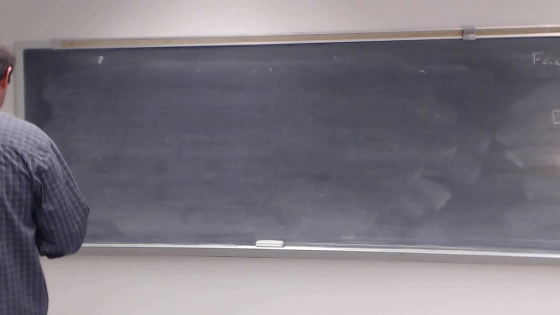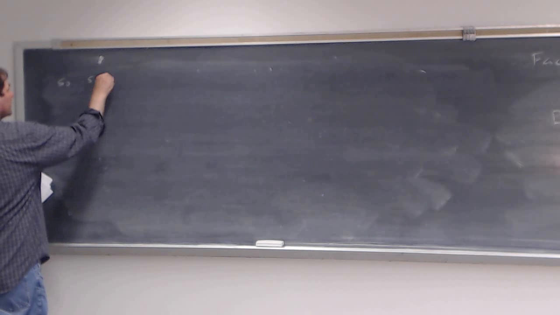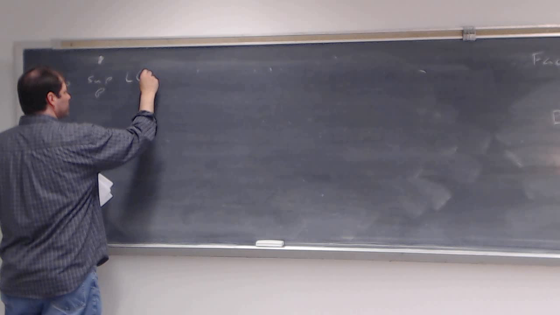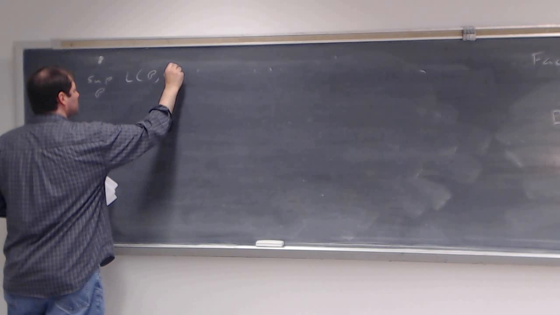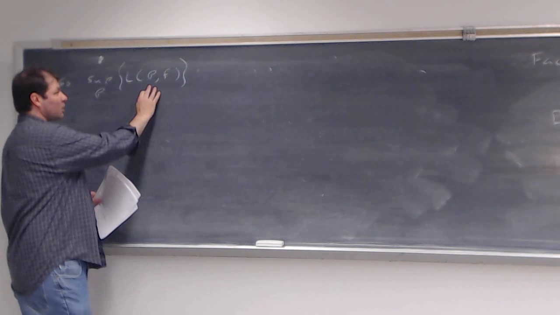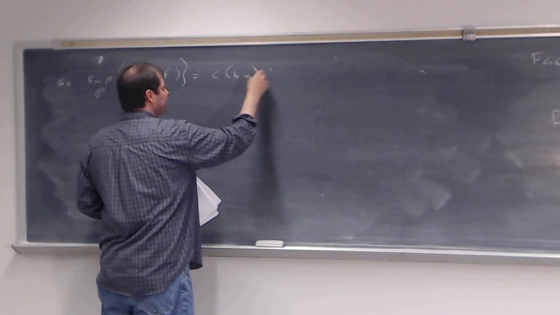Okay. And so what we get is that the supremum over all partitions of the lower Riemann integrals, well, that's always just one number, and that supremum is just going to be c times b minus a.